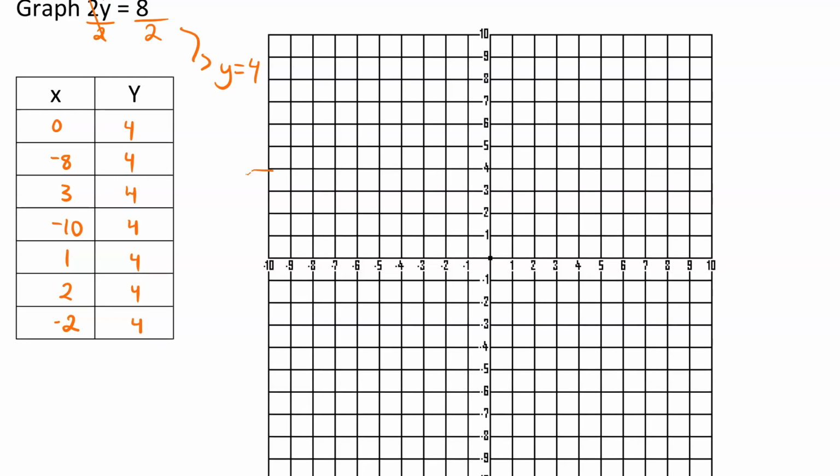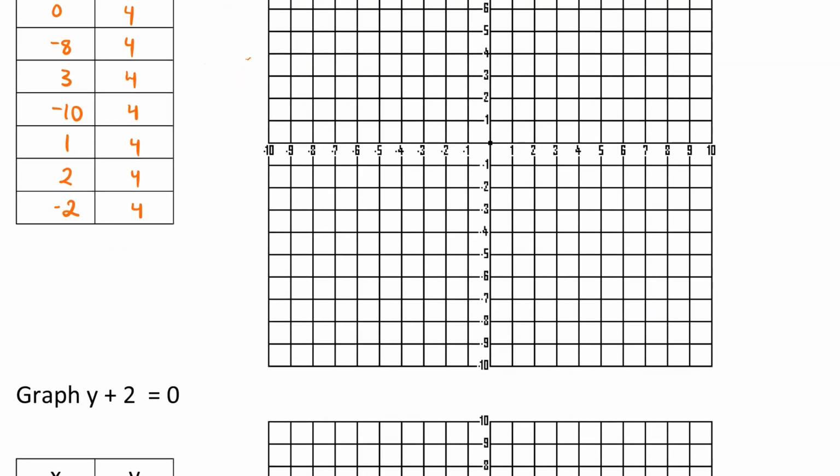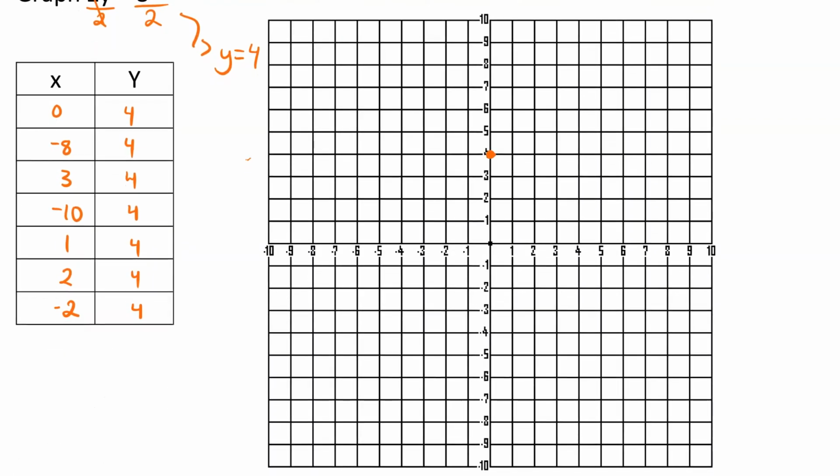I picked random points where we have 0 and 4, -8 and 4, 3 and 4, -10 and 4, 1 and 4, 2 and 4, and -2 and 4.